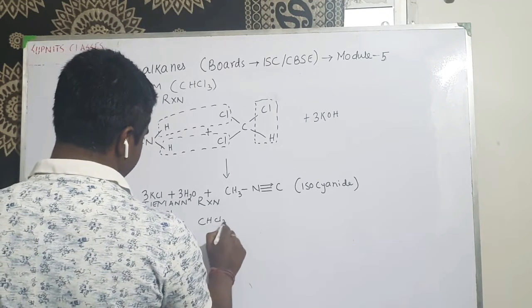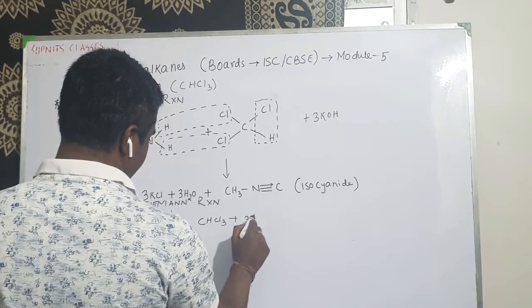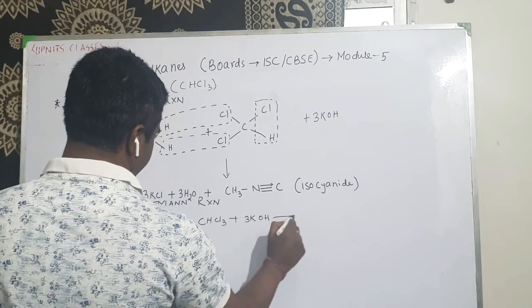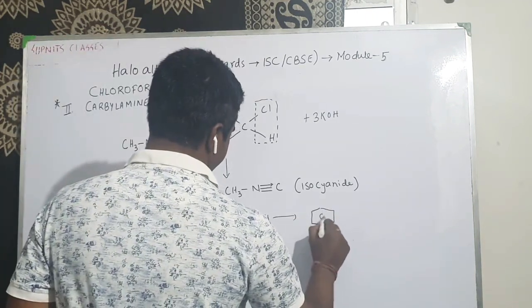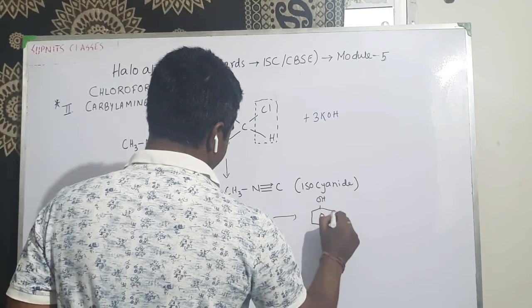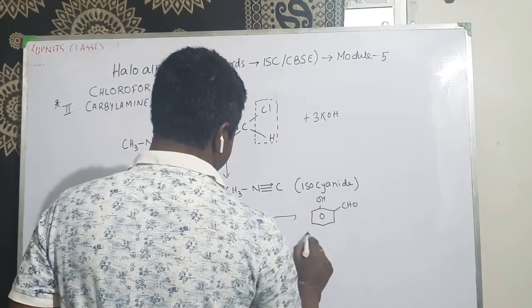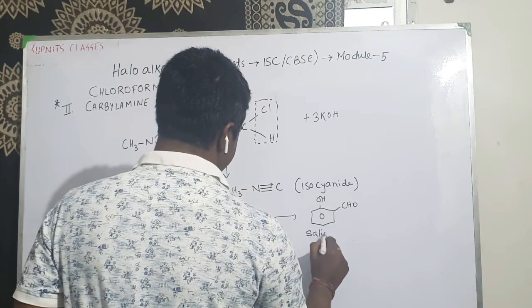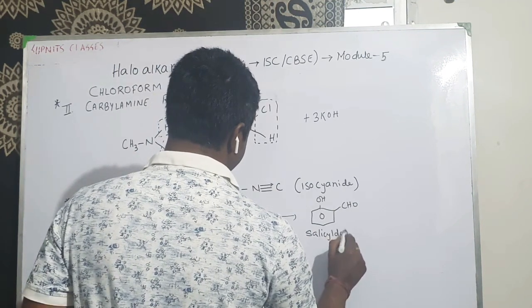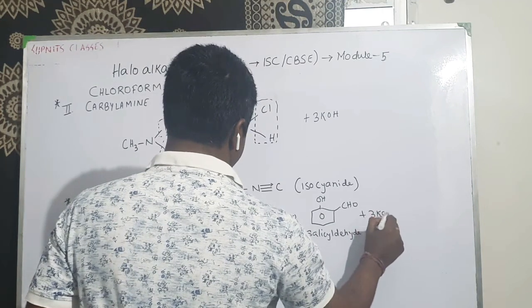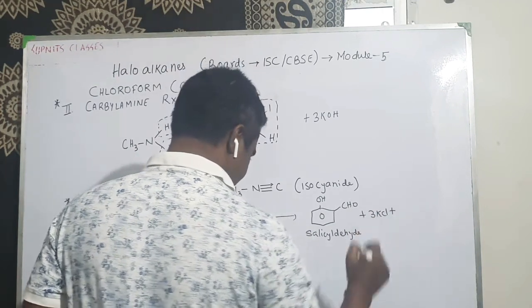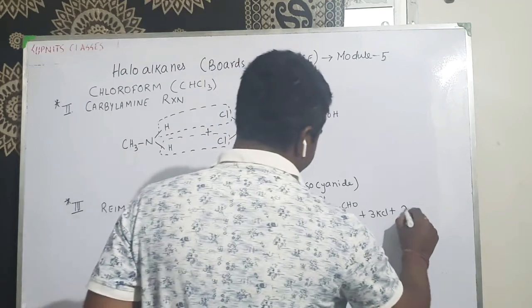CHCl3 plus 3KOH, and this will be salicylaldehyde, plus 3KCl plus 2 water.